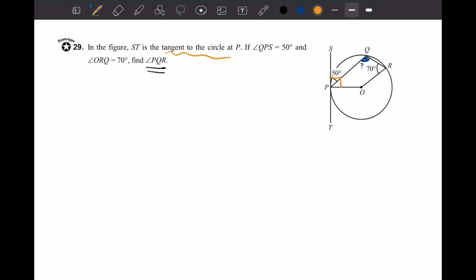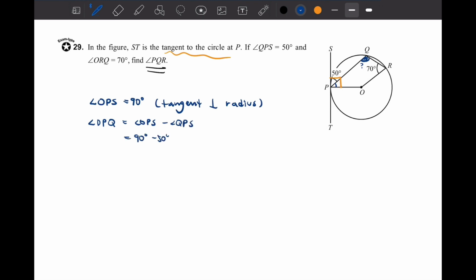So first of all, they tell you this is the tangent, so meaning that this is 90 degree, and if this is 90, then you can find this angle QPO already. So let's write down. Even though you don't know if it's going to be useful, you can still write down. So tangent is perpendicular to your radius. So angle OPQ is equals to OPS minus QPS. 90 degree minus 50 degree equals 40.